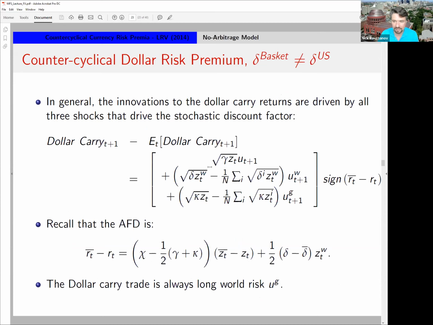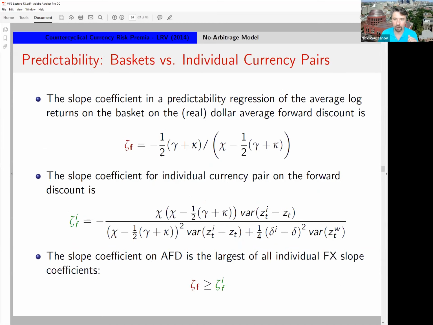Now, I will skip the rest of the math here, because I think it's kind of clear by now. One important piece that helps argue that the US has to be an average country is the fact that the average forward discount is a more powerful predictor of even bilateral exchange rate returns than a country-specific bilateral forward discount.